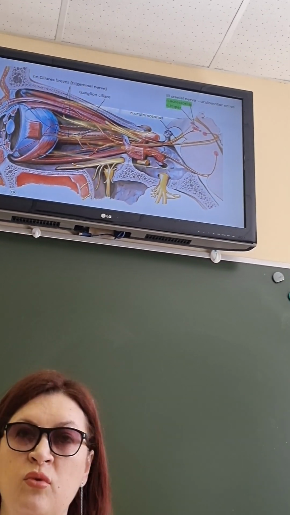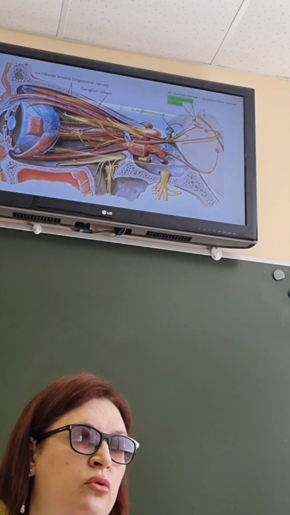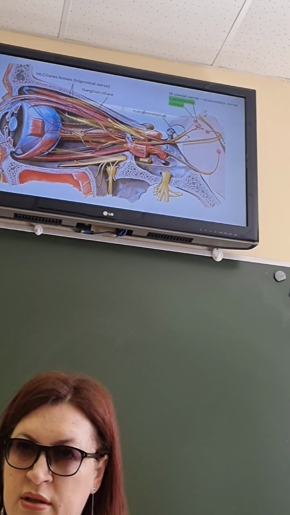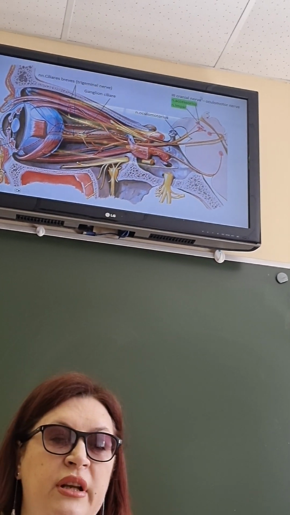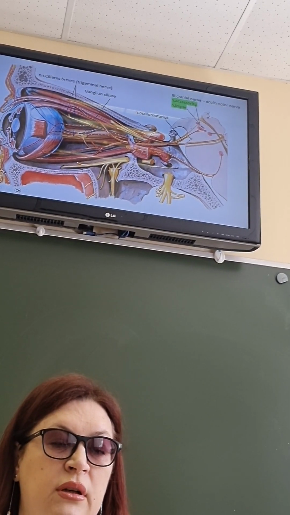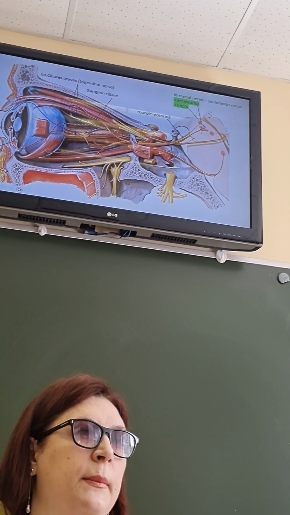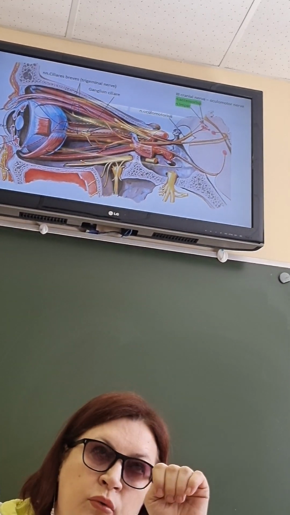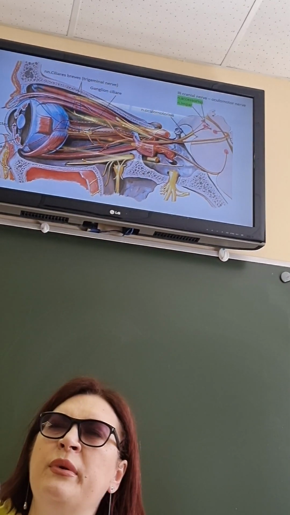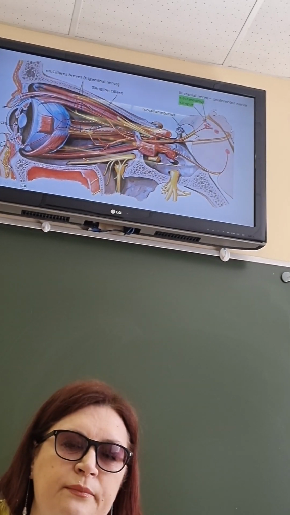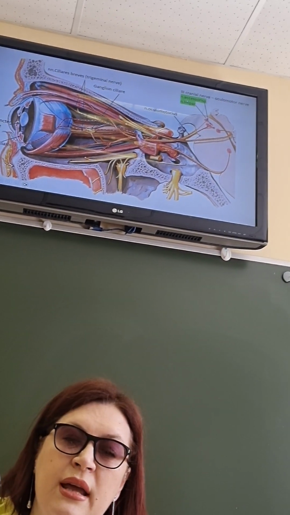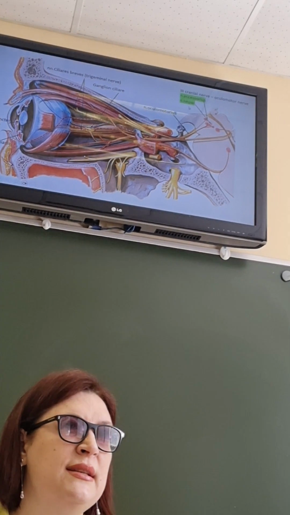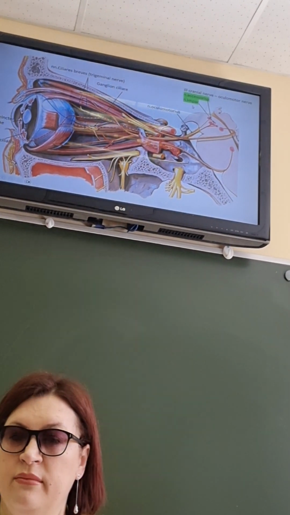Both muscles are smooth, involuntary, and should be controlled by the parasympathetic nervous system. The third cranial nerve, oculomotor nerve, at the level of the tegmentum of the midbrain, below the superior colliculus, has two nuclei, accessory and impar; accessory is paired, impar is unpaired.